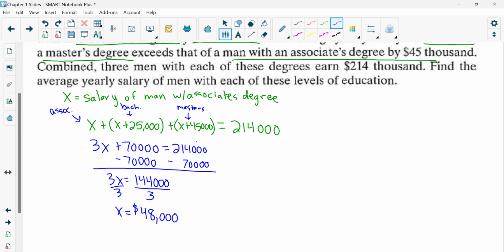So our first sentence is: average salary of a man with associate's degree is $48,000. Again, we need units.